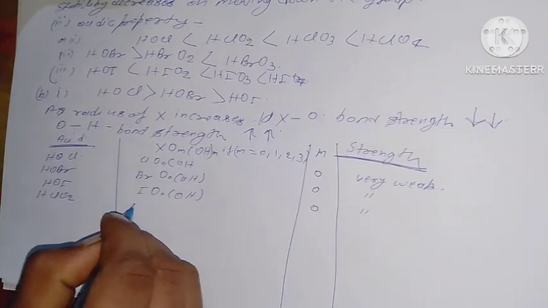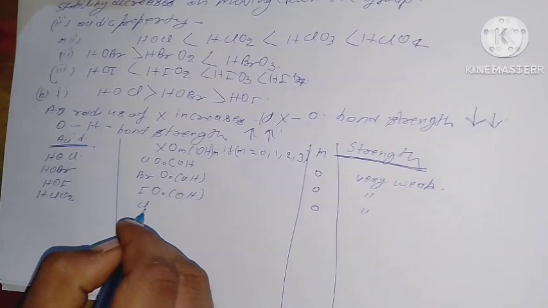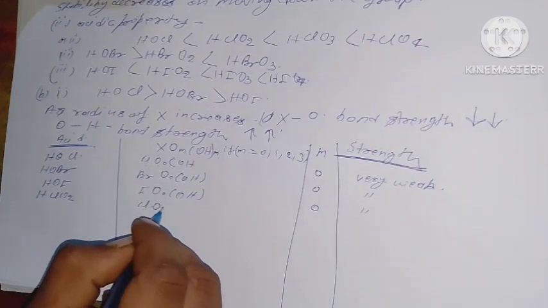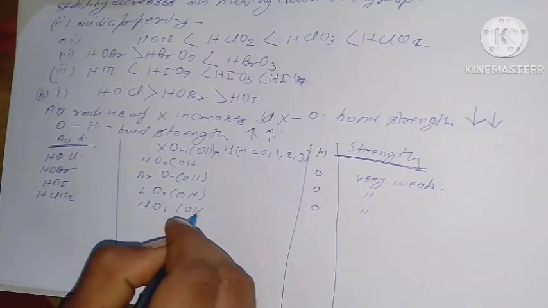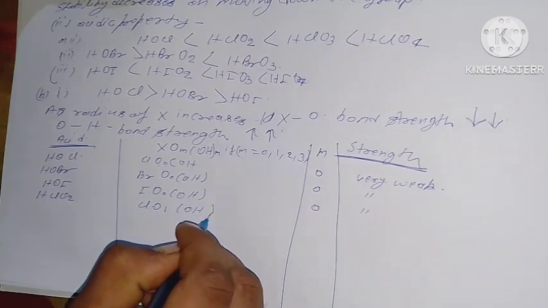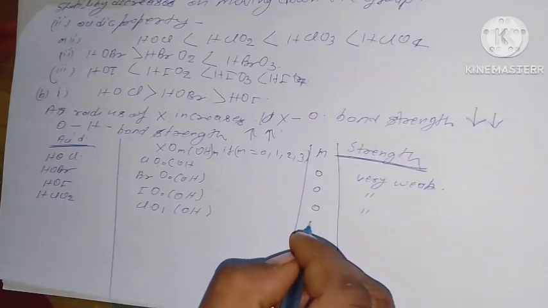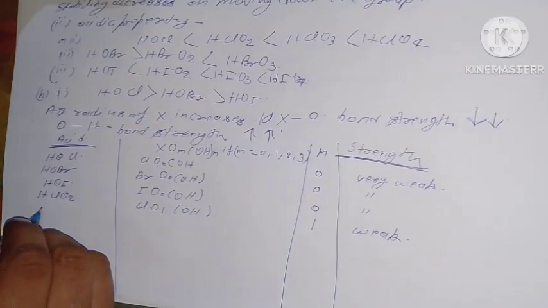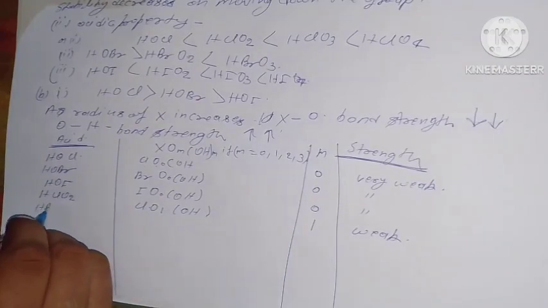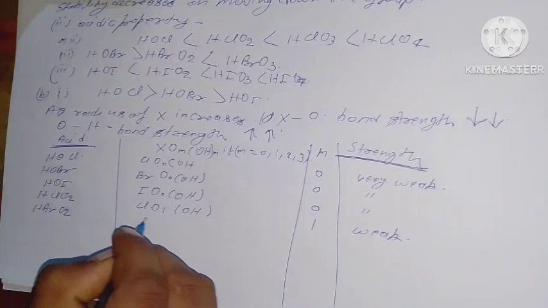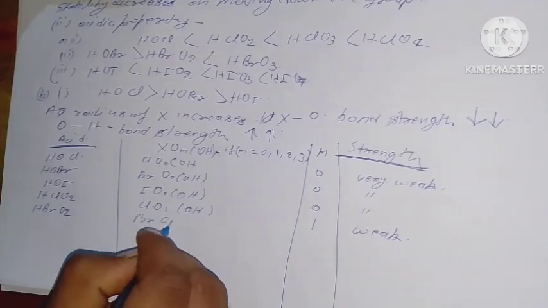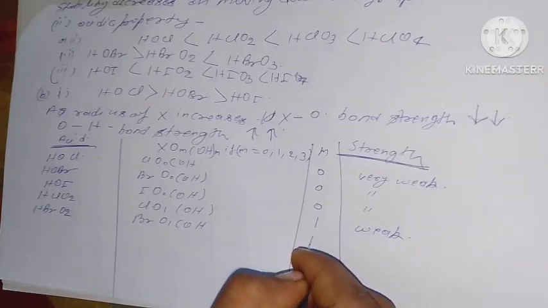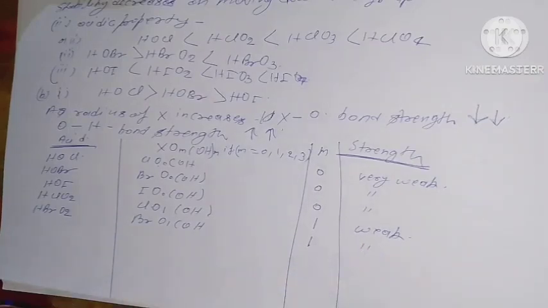And HClO2, that is ClO1OH, the value of M is 1, weak. And HBrO2, that is BrO1OH, that is 1, and this compound is weak.